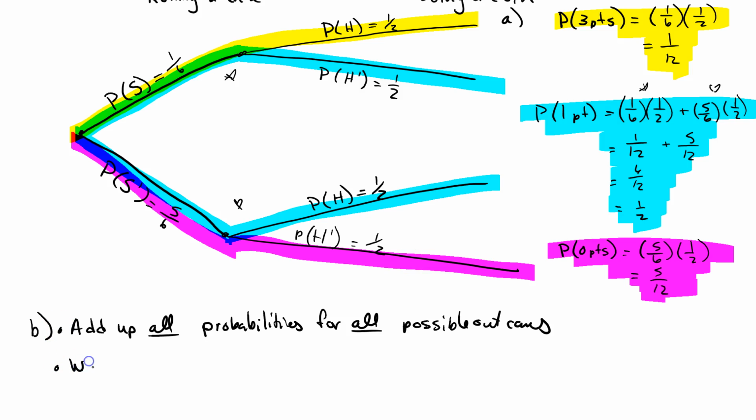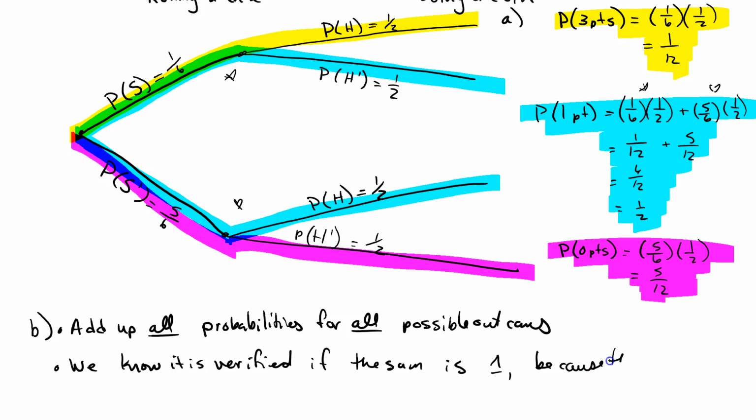We can say we know it's verified if the sum is 1, because that represents 100%. So since these are all of the outcomes that are available to us, we know that there are no other outcomes that could possibly happen.